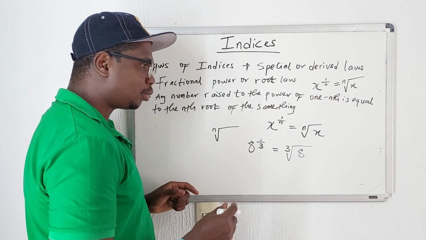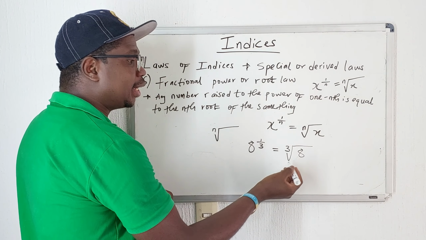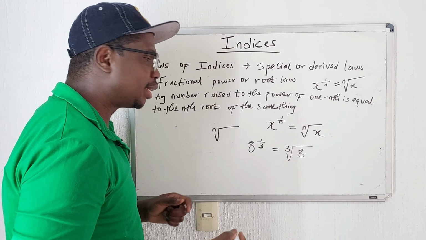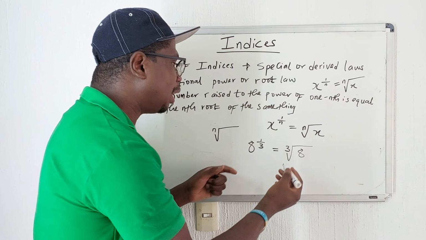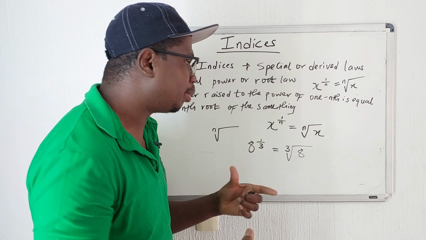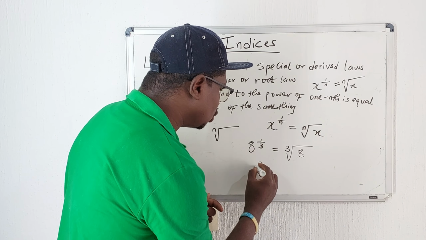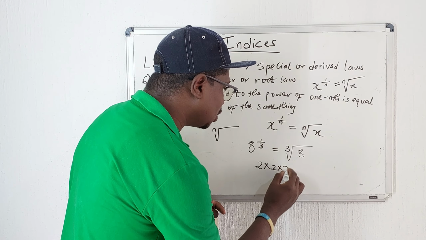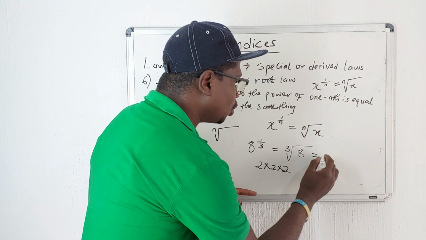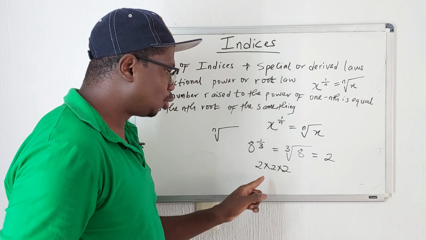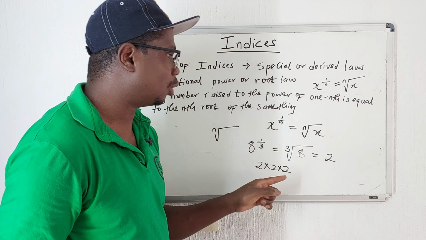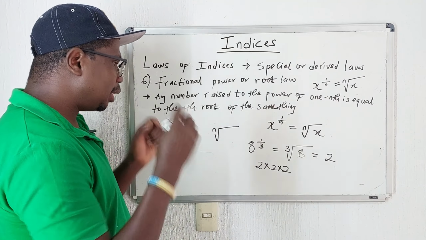So that means we're taking the cube root of 8. This means how many numbers can we multiply together to give us 8? It will be 2 times 2 times 2. So this will give us what? 2. Because 2 times 2, 4, times 2 gives us what? 8.